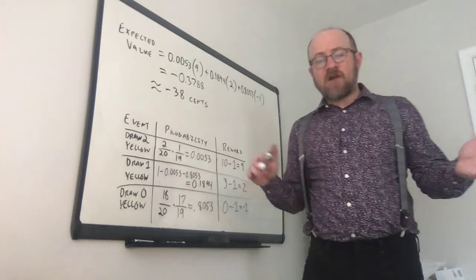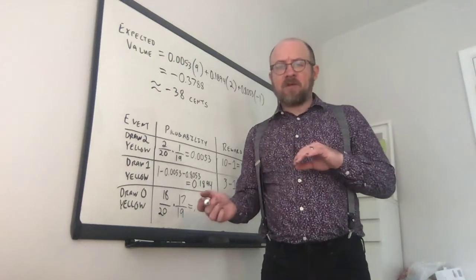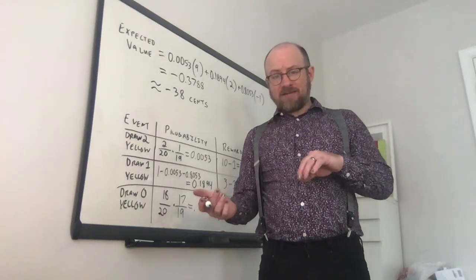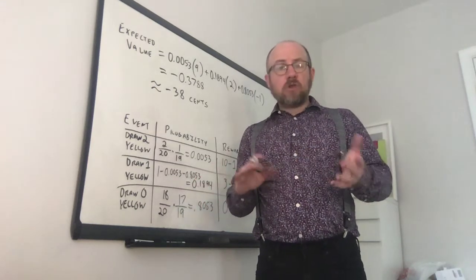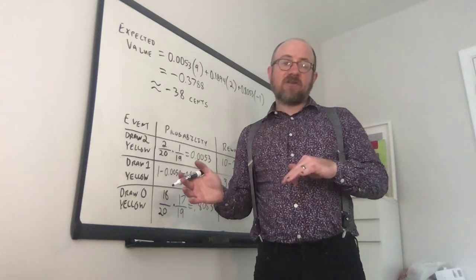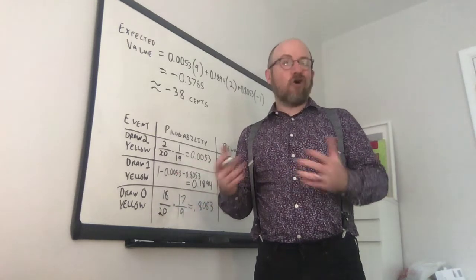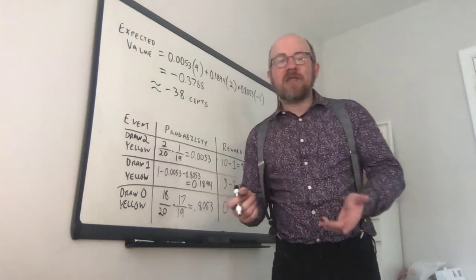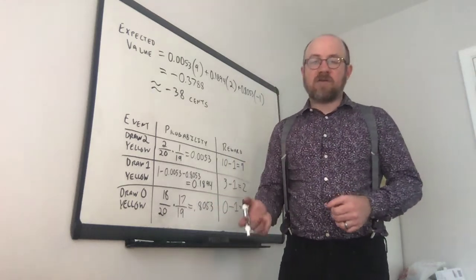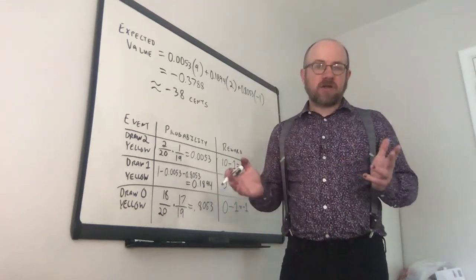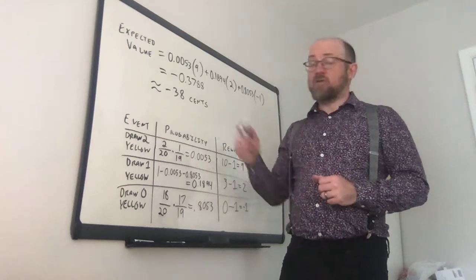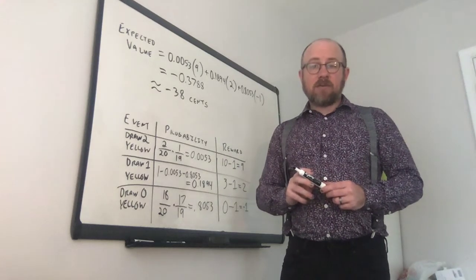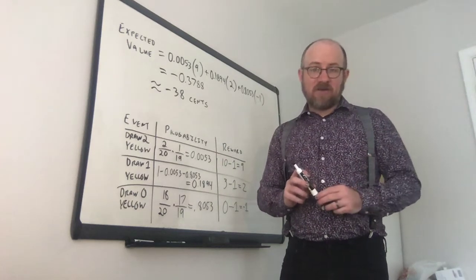So your friend would gain 38 cents a game. So for them, the expected value would be positive. But you're losing 38 cents every single time you play, on average. Again, you might win $10 once, you might win $3 once, you might lose $1 a bunch. But on average, you're going to lose 38 cents every time you play. And that's what the expected value means.